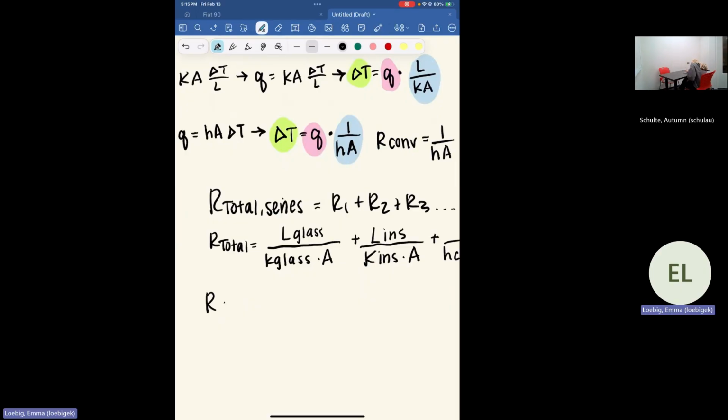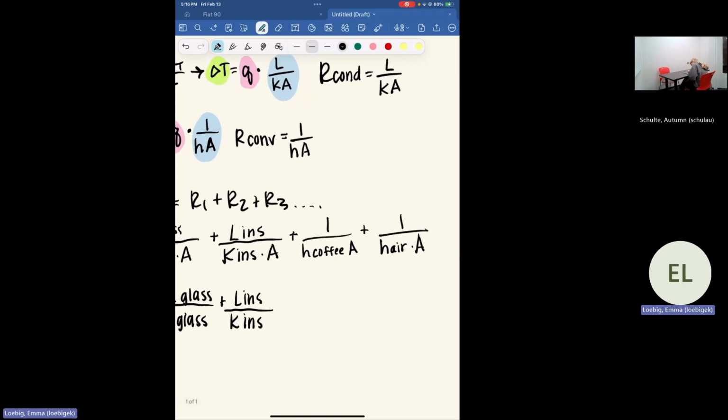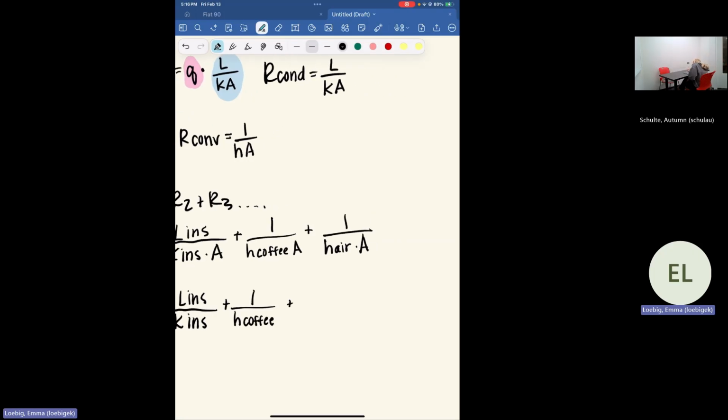So we're going to have that our total resistance for this is equal to 1 over our area multiplied by the thickness of the glass divided by the thermal conductivity of glass, plus the thickness of the insulation all over the thermal conductivity of the insulation, plus 1 over the heat transfer coefficient for coffee, plus 1 over the heat transfer coefficient for air.